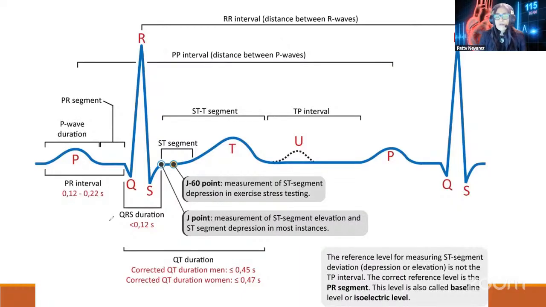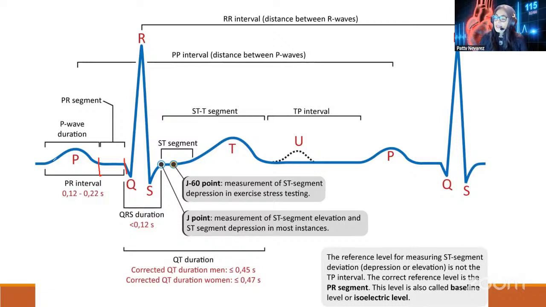We're also going to have information about a segment or an interval. So we have two different ways to locate different areas. If it's a straight line, for example, here through here, which is just an isometric line, there are no deflections, positive or negative, that is going to be called a segment.